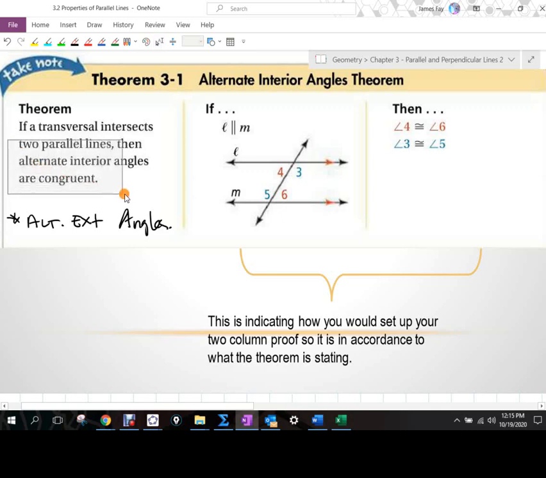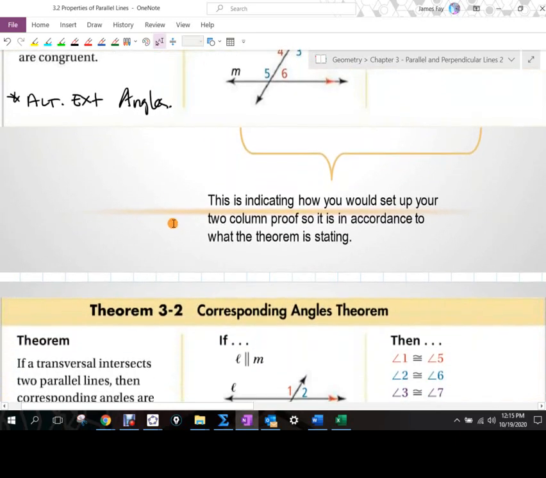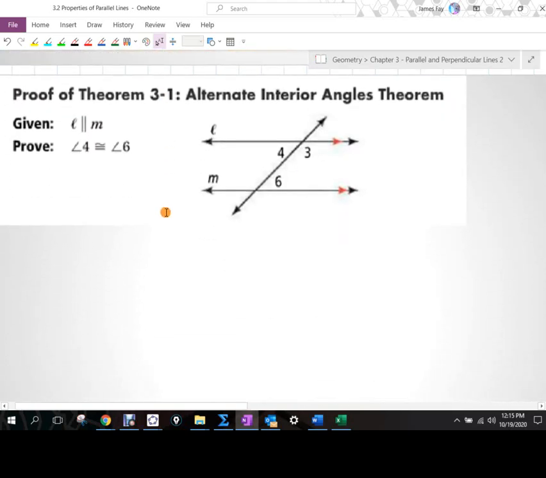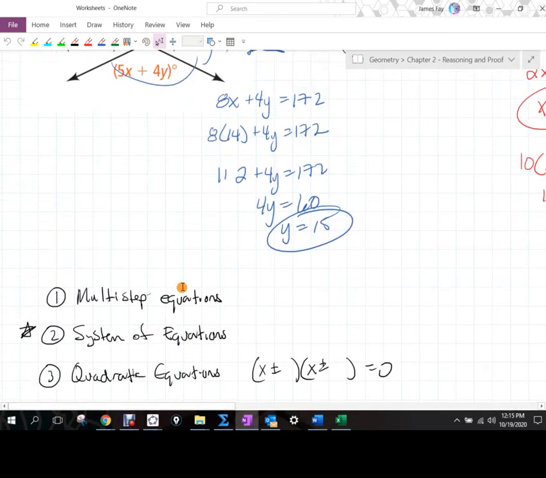The then part will be what we're trying to conclude, so we'll talk about specific angles. Does that make sense to everybody? Okay. So when we come down to this proof here, it says proof of the alternate interior angles theorem. Look at the given. It says L is parallel to M. We'll go back up to that theorem we just had.